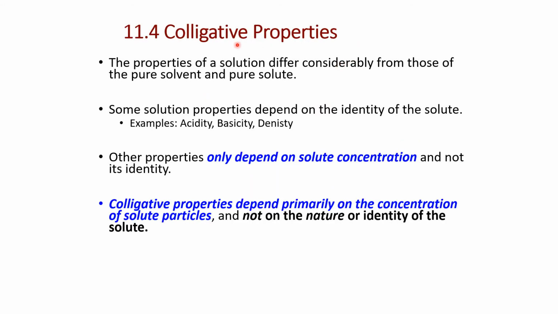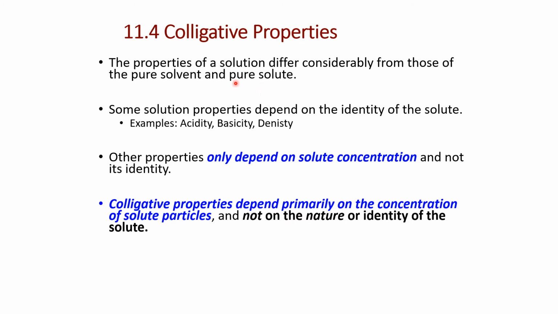Okay, and so then we're going to talk about what happens with these solutions when they start to dissolve these solutes in them. They have what's called colligative properties. So colligative properties change the properties of the solution, and they care about how much solute is dissolved in them.